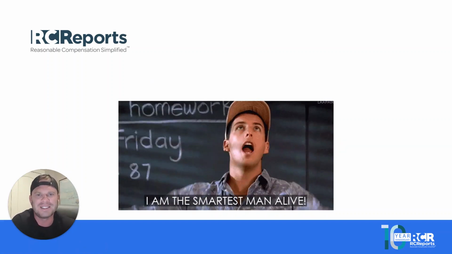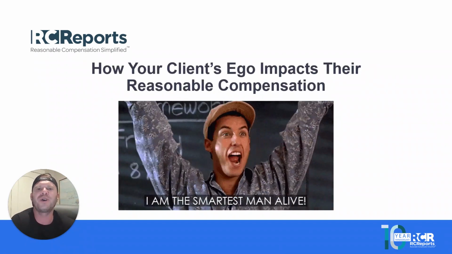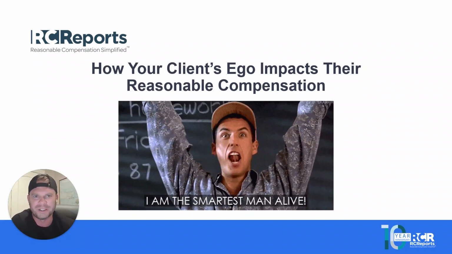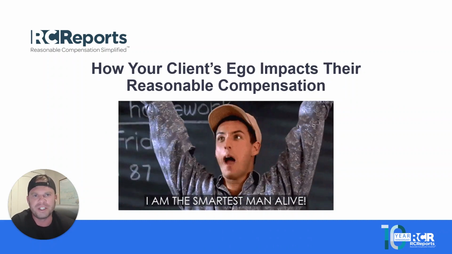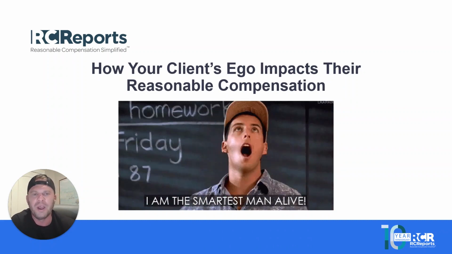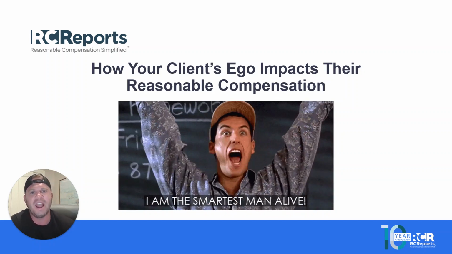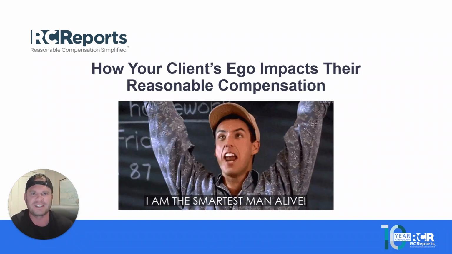My name is Austin Anderson and I'm here today to talk to you about how your client's ego can impact their reasonable compensation. Now, when calculating your client's reasonable compensation using the cost approach, you'll be asked to determine your client's proficiency in every task you specified for them, both standard and business tasks.